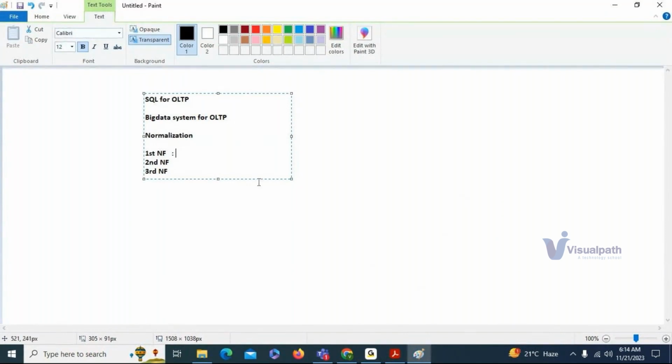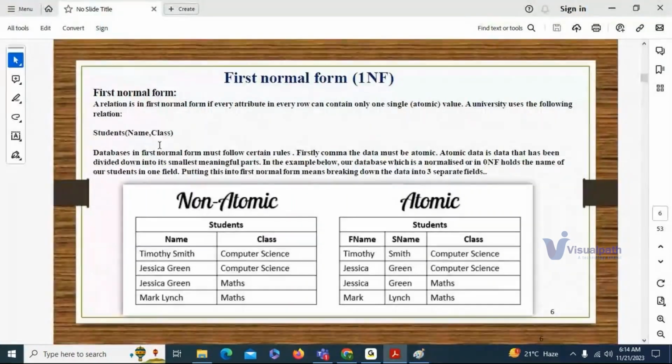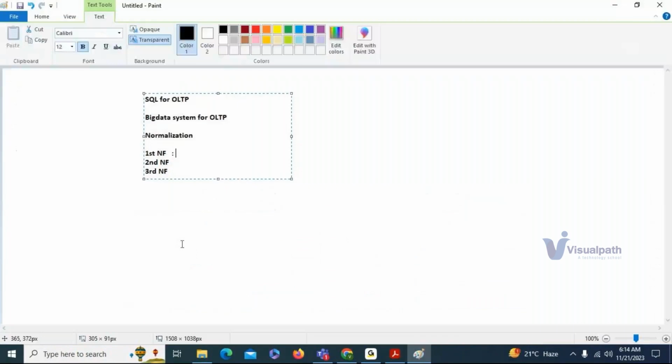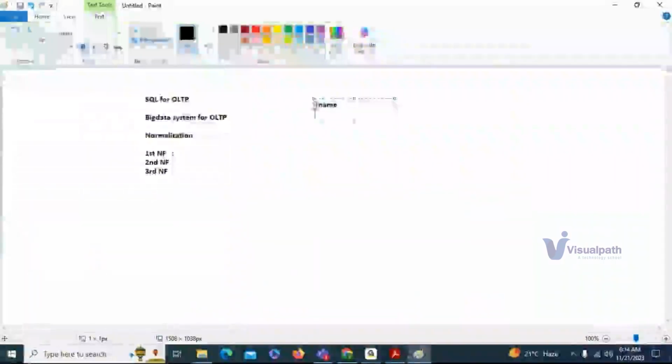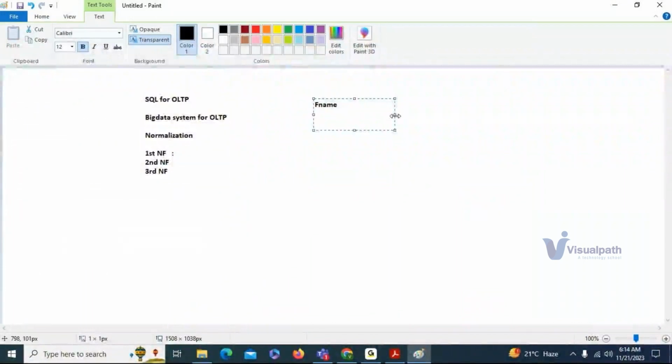Whenever we talk about first normal form, let's say there is a name. Can I split the name to the smallest extent possible? Traditionally, girls get married and they change their surnames.